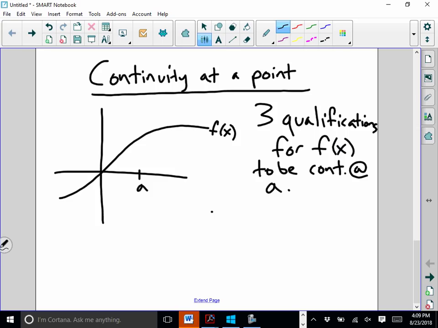So our number one here is: the limit as x goes to a of f of x must exist.